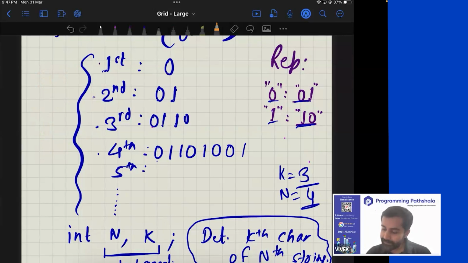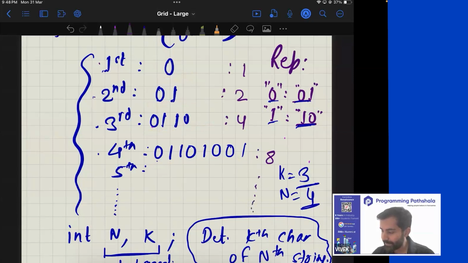Of course, it will give you a TLE. It can also give you MLE, which is memory limit exceeded. Why I specifically talked about MLE also is because look at the size of the string. What is the size of the first string? Let's write that down: 1, 2, 4, 8.